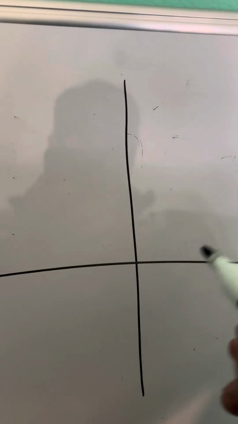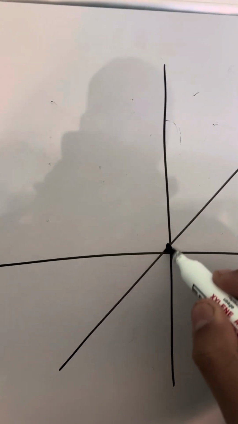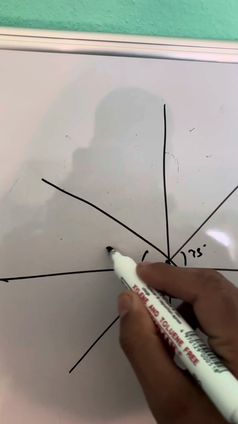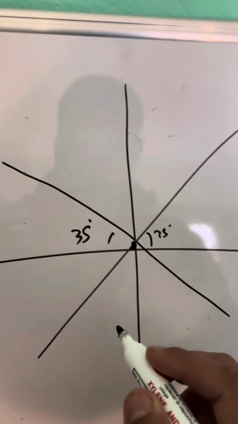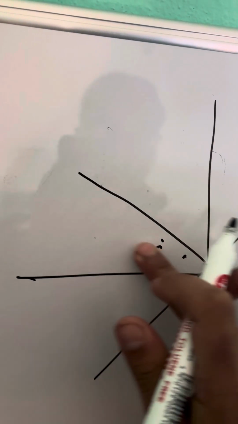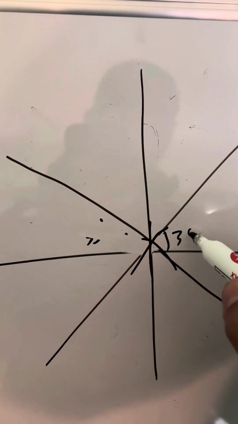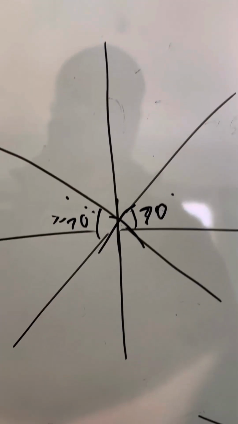So use a protractor or a compass or whatever you want, but make this 35 degrees, this 35 degrees, this 55, this 55, this 35, this 35, this 55, this 55. Okay. Once you've done that, these two lines are going to have an angle of 70 degrees between them.